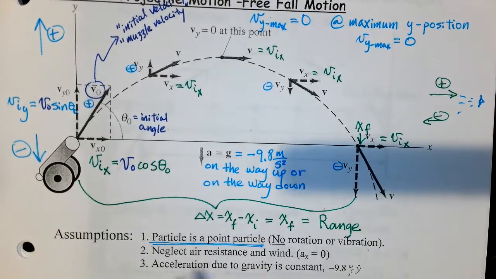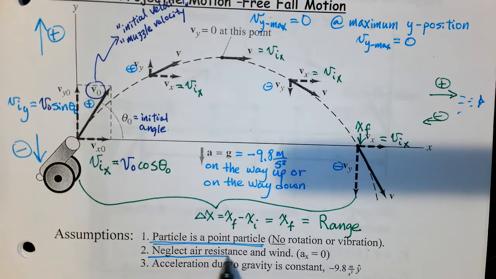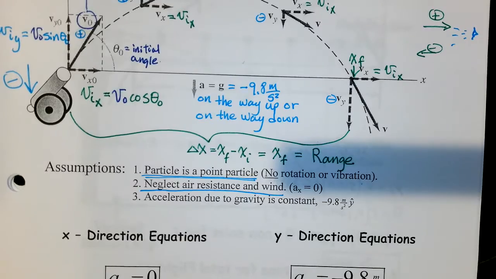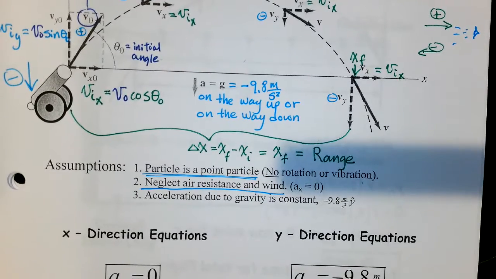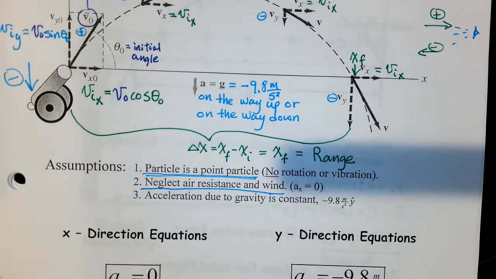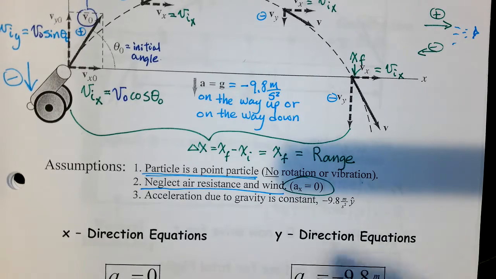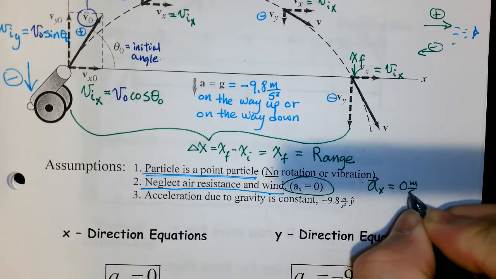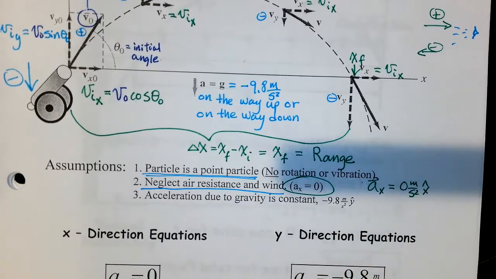Since it is done in a vacuum, there's no air resistance or wind. No tailwind, no headwind, no crosswind, no air resistance, because it's done in a vacuum. That's why the acceleration in the x direction is 0. So acceleration in the x is 0 meters per second squared x hat.